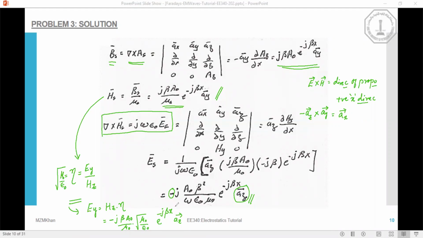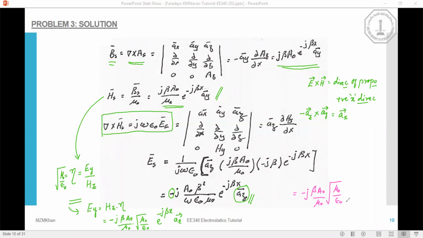The direction of propagation for the associated electric field will be the same as for the magnetic field, with the same beta value. So I think if we simplify this, we should be able to get the same answer. Let me see, or maybe you guys can also help me. So it will be minus j beta A naught over mu naught root of mu naught over epsilon naught.